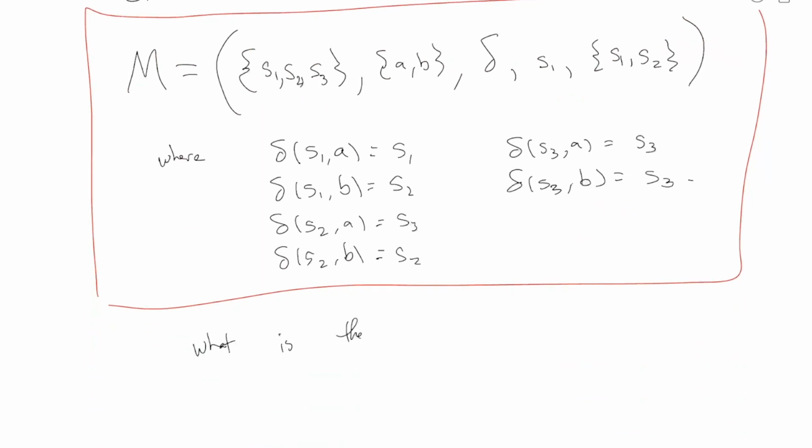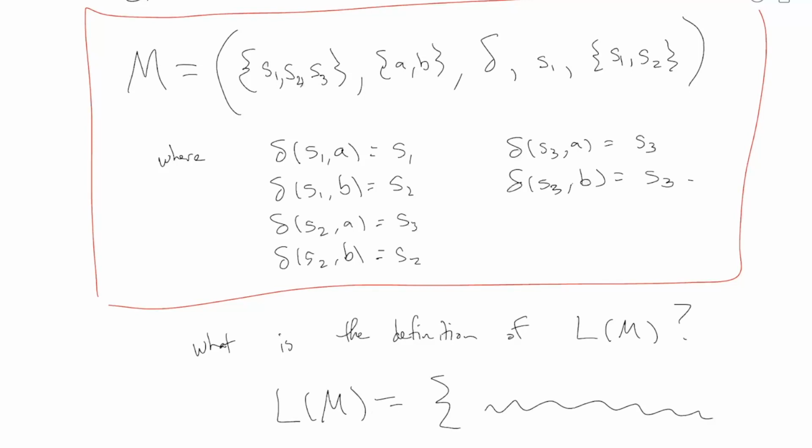What is the definition of L of M? Remember, that's the language accepted by the DFA. The set of all strings which are accepted by the DFA. I want to write this as a set. L of M equals the set of, where in here, I'm going to use some kind of notation from here with the delta and so on, right?